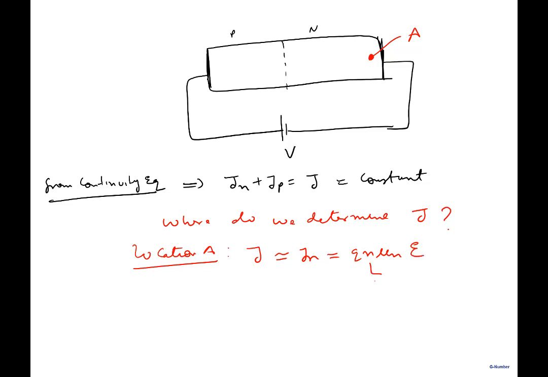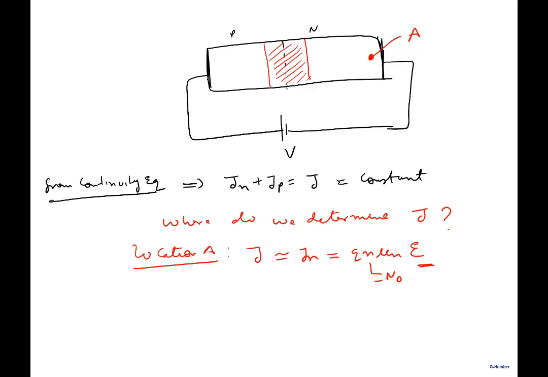and we know n equal to Nd, but it's very hard to determine the electric field there. The region is practically neutral, and whatever voltage we have applied, that particular voltage drops across the depletion region here. To determine the field, we have to know how much is the voltage drop in that region.